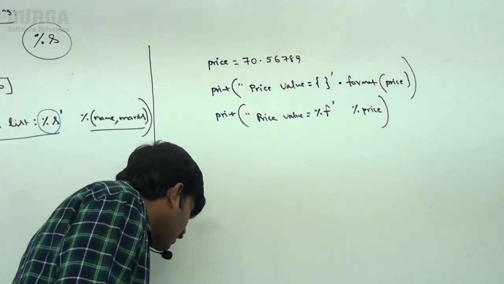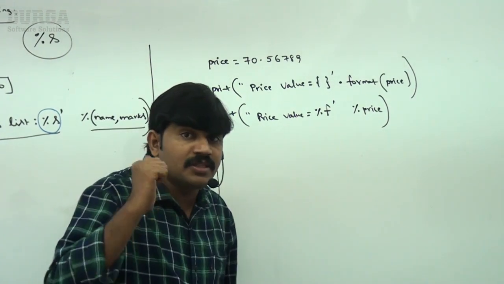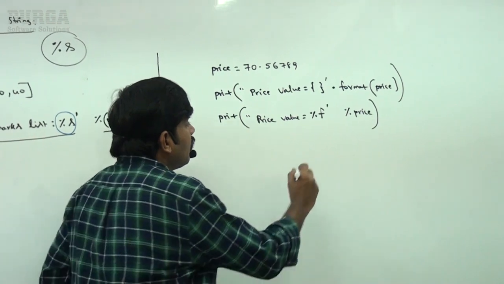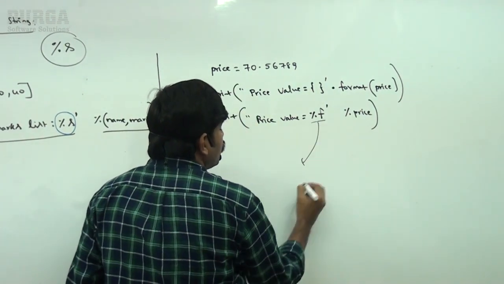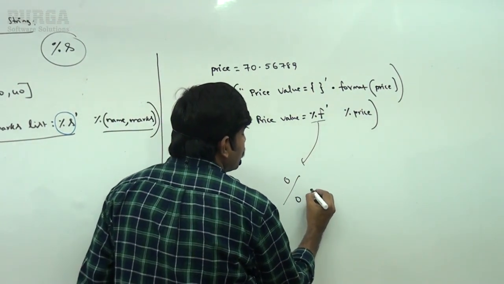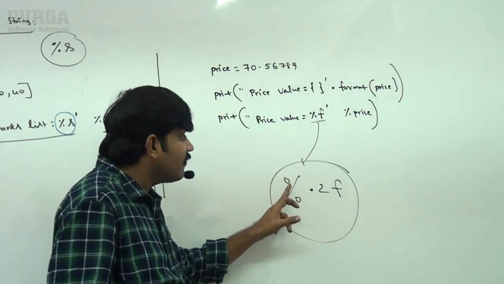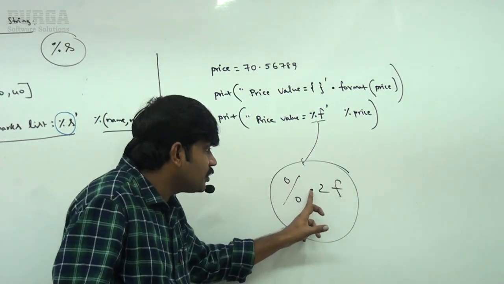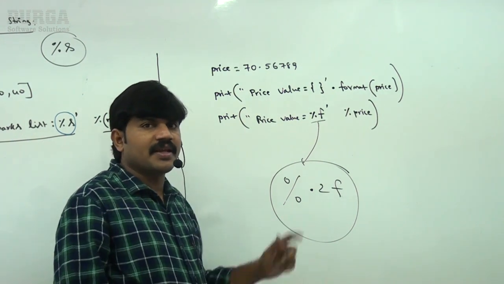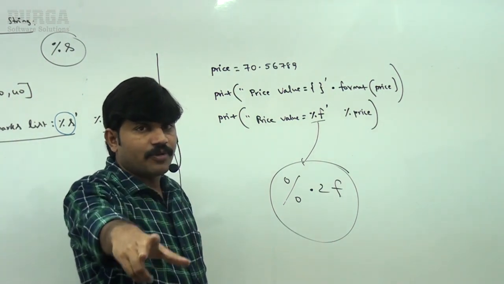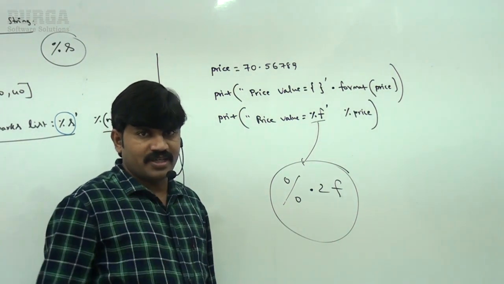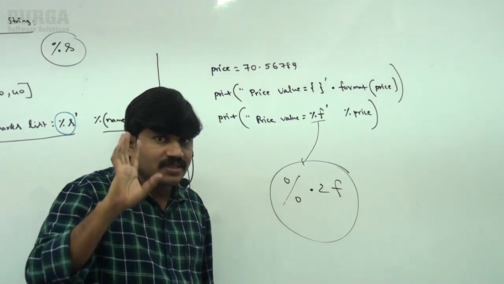After the decimal point, how many digits do you require? Only 2 digits. Now instead of percentage f, you have to take percentage 0.2f. If you take it like this, after the decimal point only 2 digits it's going to take, sir. Rounded to 2 digits only.